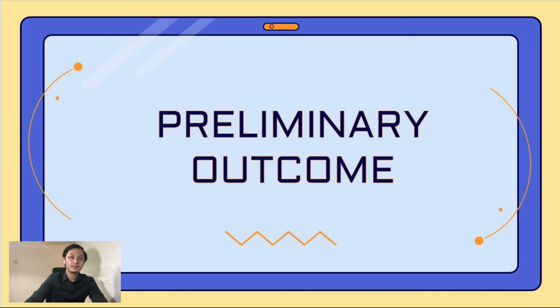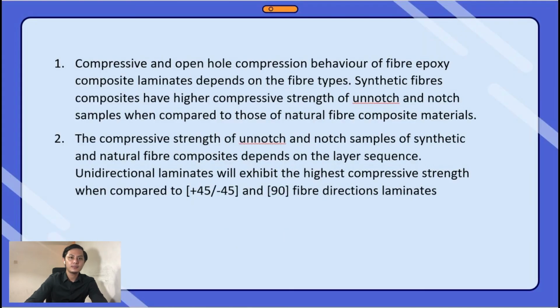For the preliminary outcome, the compressive and open hole compression behavior of fiber epoxy composite laminate depends on the fiber types. Synthetic fiber composites have higher compressive strength of unnotched and notched samples when compared to those of natural fiber composite materials.